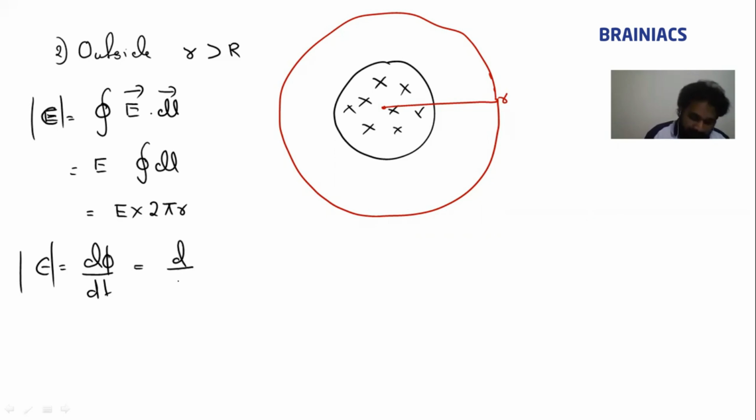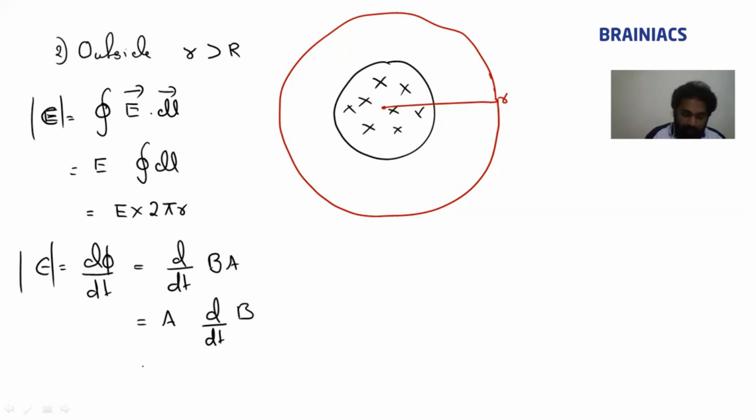So d by dt of what? B into A. If we take A here, this is going to be d by dt of B. What is the area here? If this is capital R, area where this magnetic field will be there. Magnetic field is not there outside R. So this area I will have to take as what?